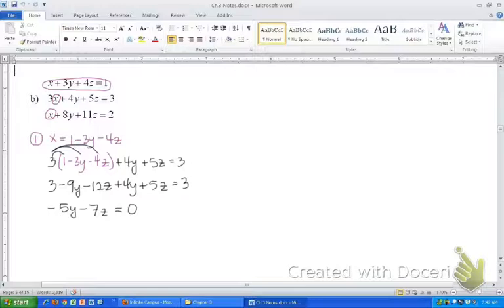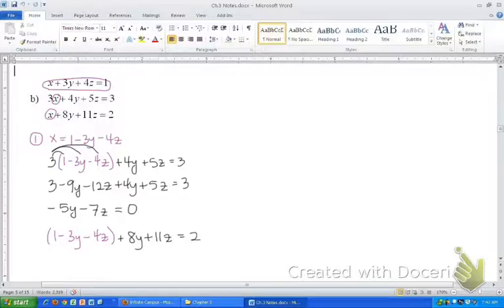I don't have a coefficient on the x, so I can go ahead and just put in my x value. So 1 minus 3y minus 4z. And then the rest of the equation is plus 8y plus 11z equals 2.